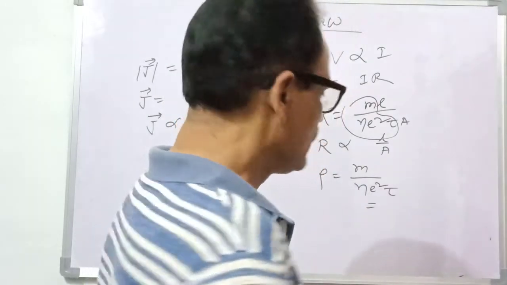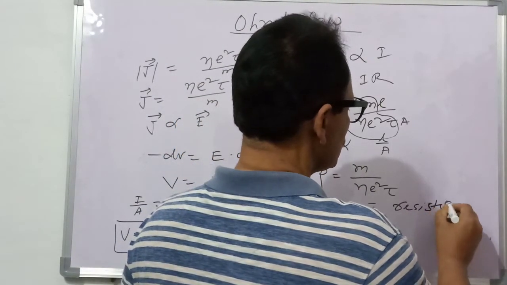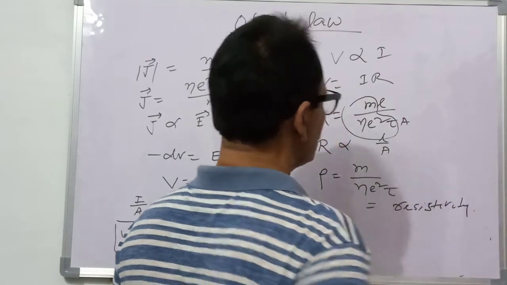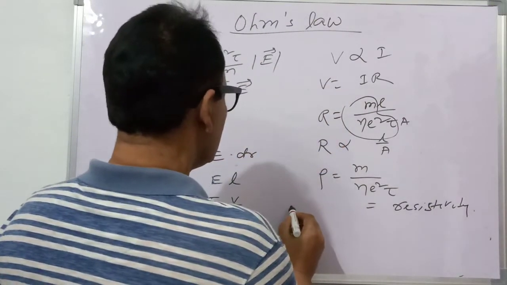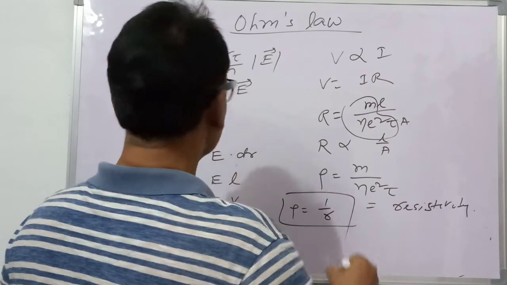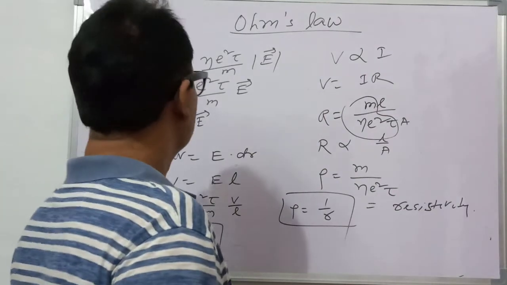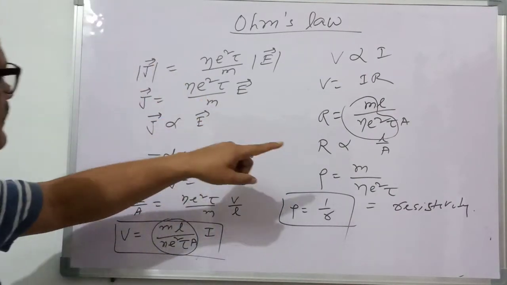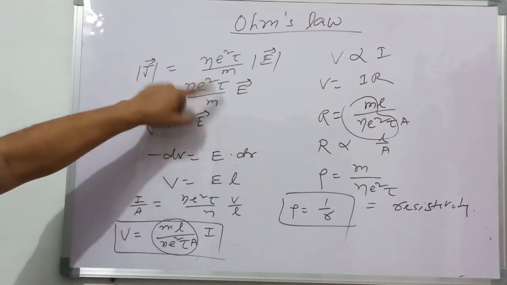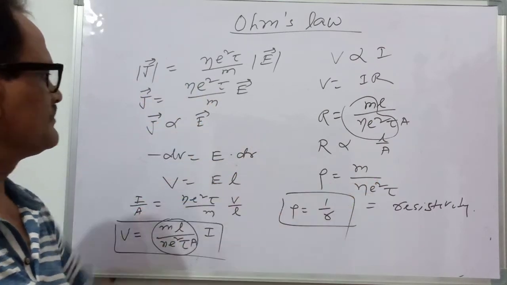This rho is the resistivity, and it is the reciprocal of the conductivity. This is the relation. Just you can see here, this is the reciprocal.